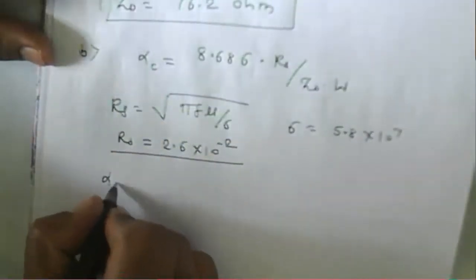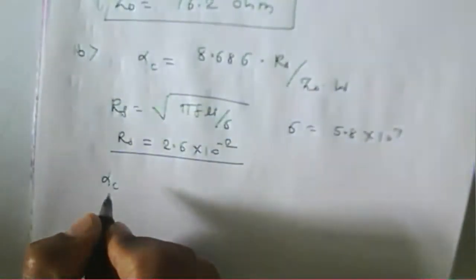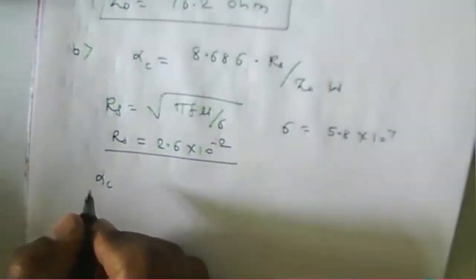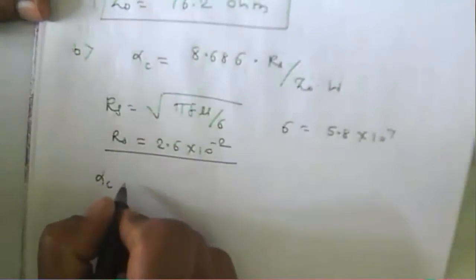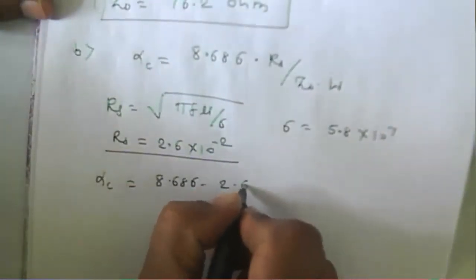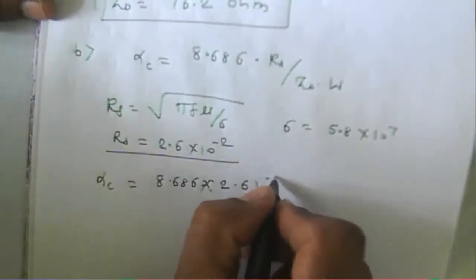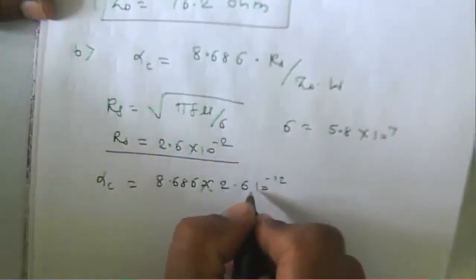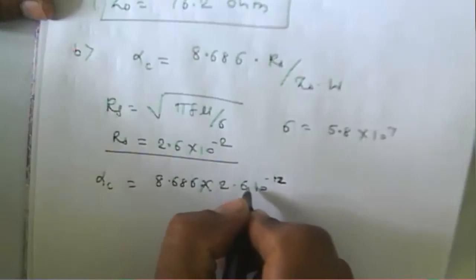Now put all the values: frequency 10 gigahertz, mu, and you will get Rs after solving, which is 2.6 into 10 power minus 2 ohm.